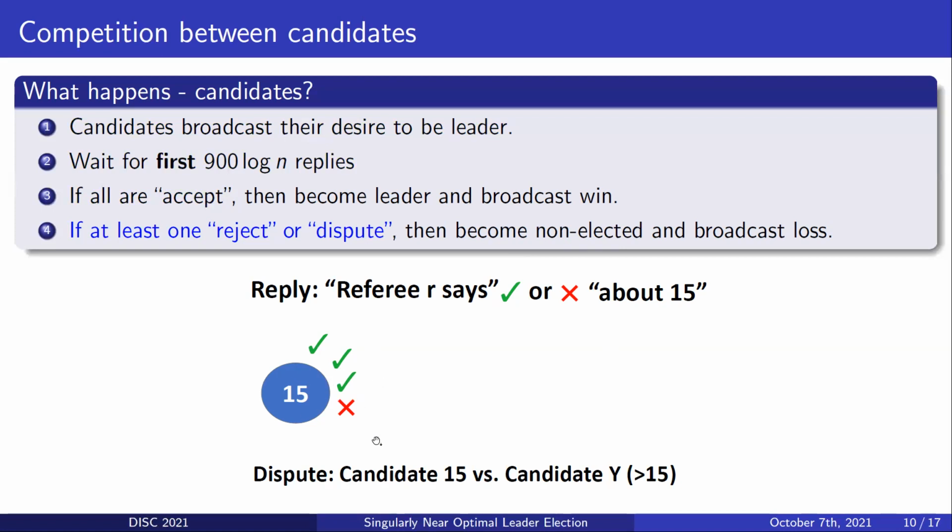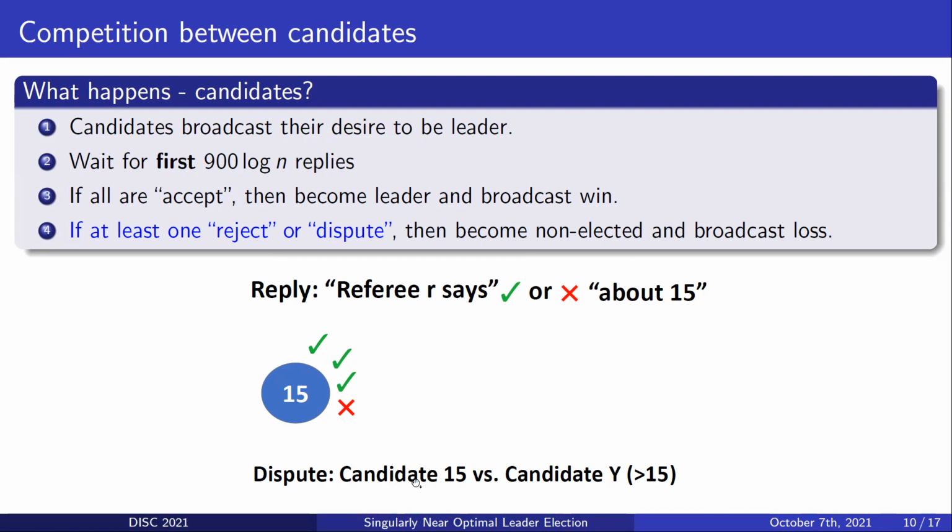We should also note that it's not just if one of the first 900 log n messages is a reject. If before receiving 900 log n replies, the node receives a dispute, then also it becomes unelected. And what is a dispute? I'll get into more details in the subsequent slides.